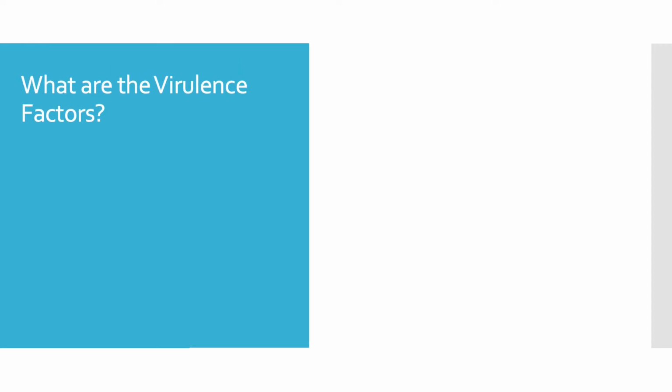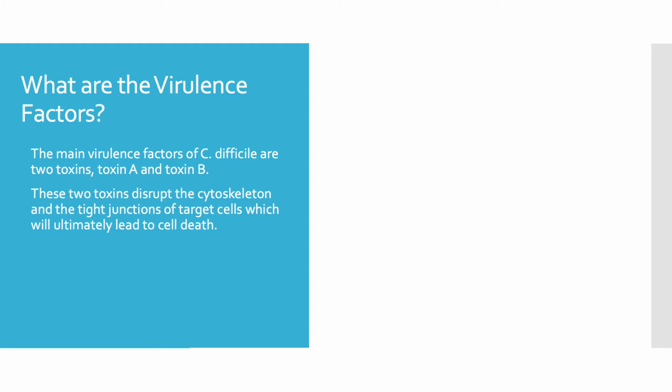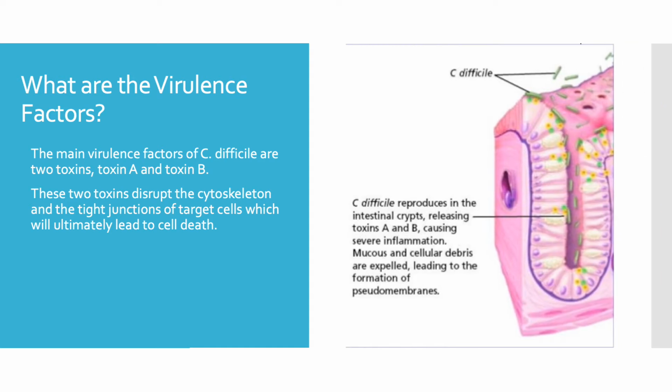What are the virulence factors? The main virulence factors of C. difficile are two toxins, toxin A and toxin B. These two toxins disrupt the cytoskeleton and the tight junctions of the target cells, which will ultimately lead to cell death.